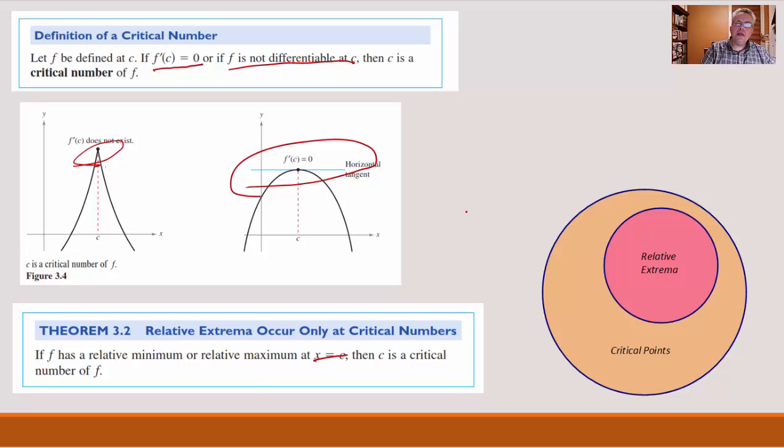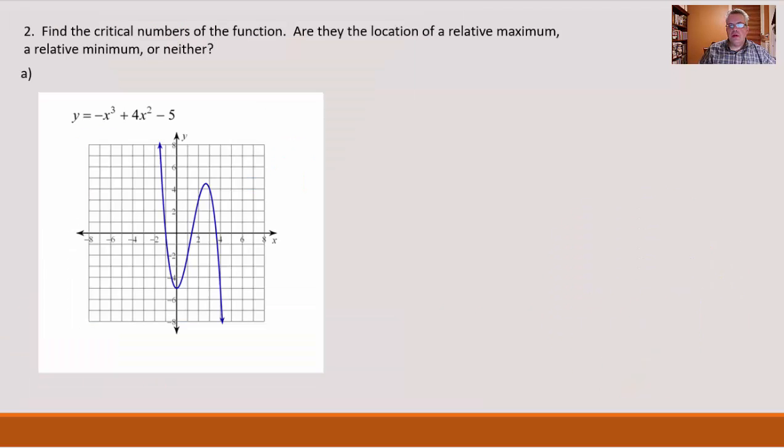So if we find all the critical numbers of a function, the relative maximum and minimum are inside that set. That's what we'll be doing soon. We'll find all the critical points, and once we list them, we'll decide which ones are relative minimum, relative maximum, or neither. Okay, so that's our method of finding relative maximums and minimums.